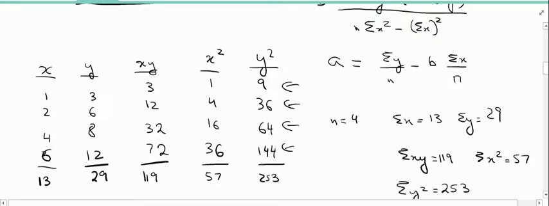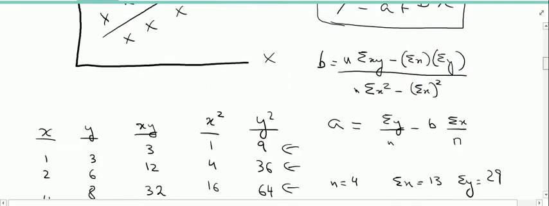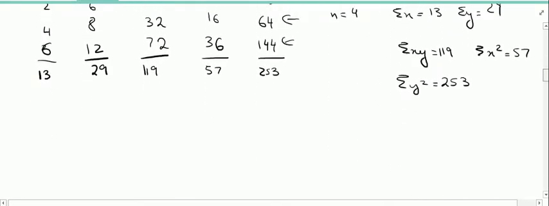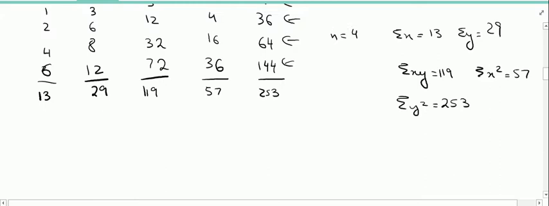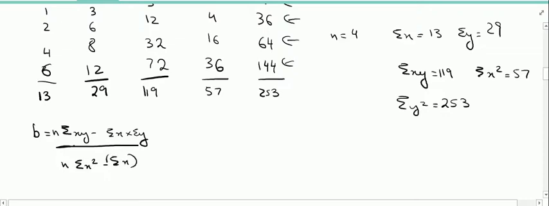Now if we calculate b, we know that b is n times summation of xy minus summation of x into summation of y, over n times summation of x square minus summation of x whole square.